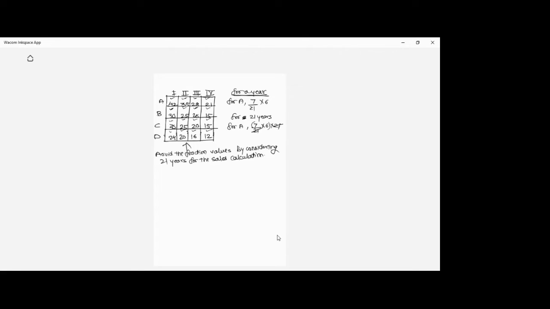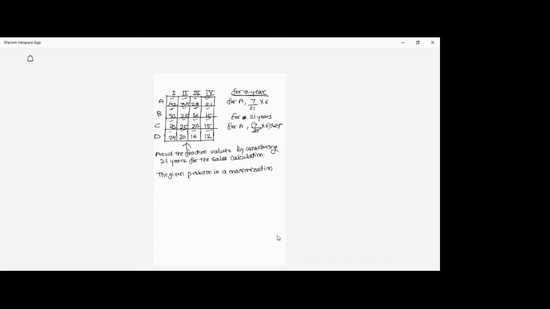So that particular 21 years should be taken into significance. Now let's focus upon what has been asked. The given problem is a maximization problem, right? So we have to maximize the above matrix.